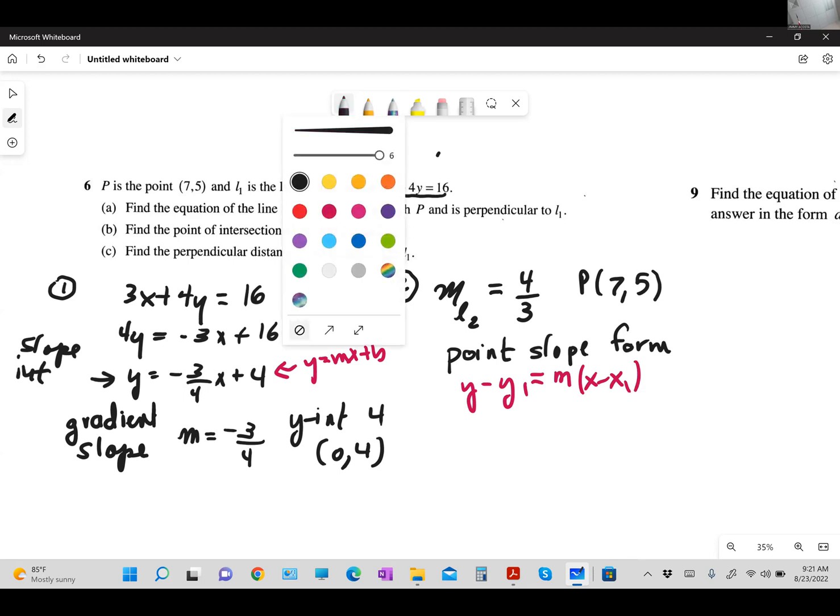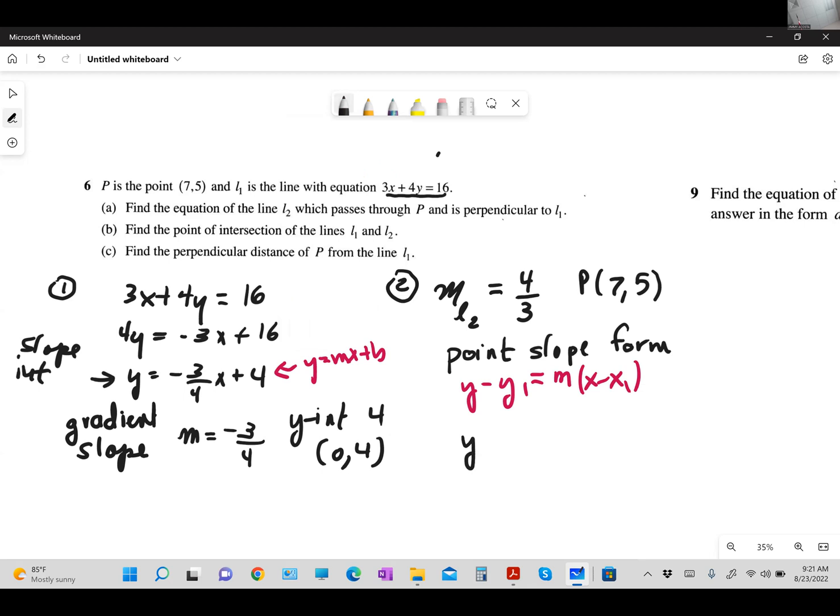Right? And so what happens? y minus 5 equals 4/3 times (x minus 7). Do we want to leave it in that form or do we want to simplify it a little bit? We should simplify it. It's only polite to do so.